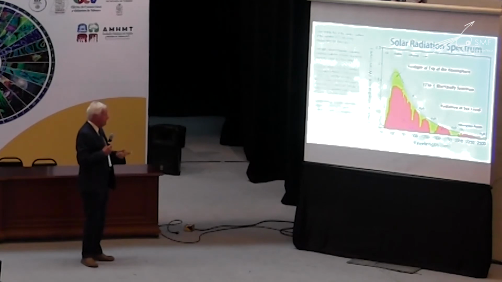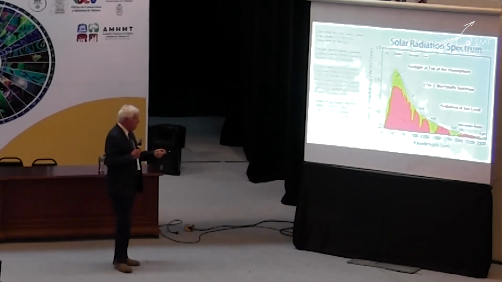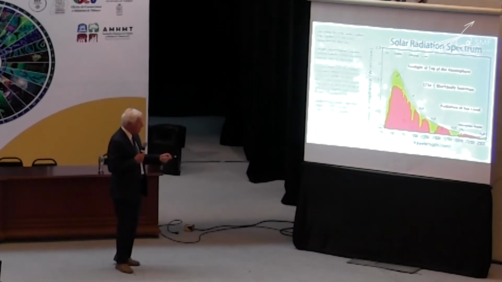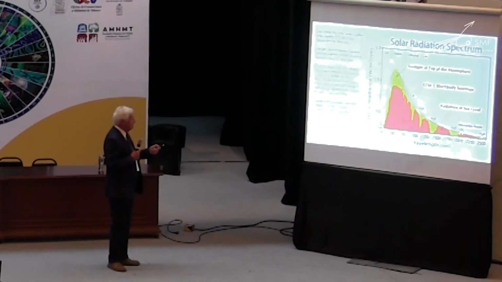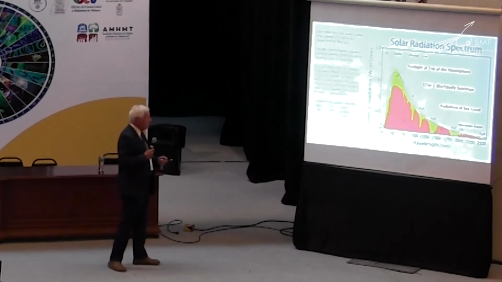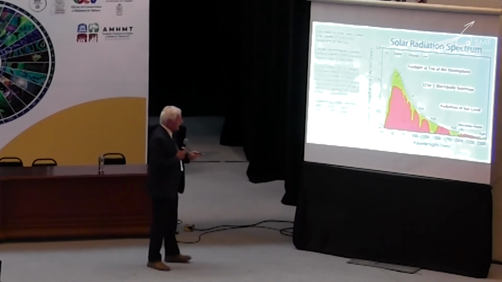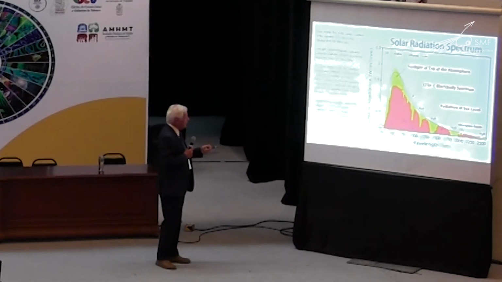This is a solar radiation spectrum. This is wavelength 250 to 2500 nanometers. And you can see the visible is this dashed line between here and here. That's visible. This is UV, this is infrared. And the sunlight at the top of the atmosphere is the yellow there, okay?